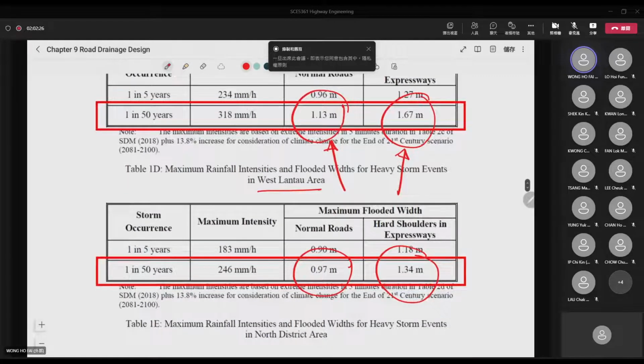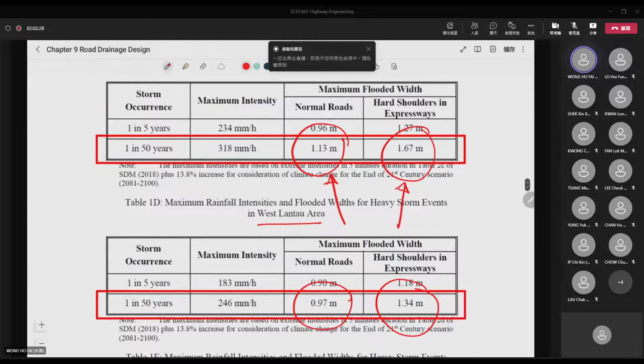West Lantau area is here, and then you can see that for the normal row, it is equal to 1.13 meter. Do you agree? Right?